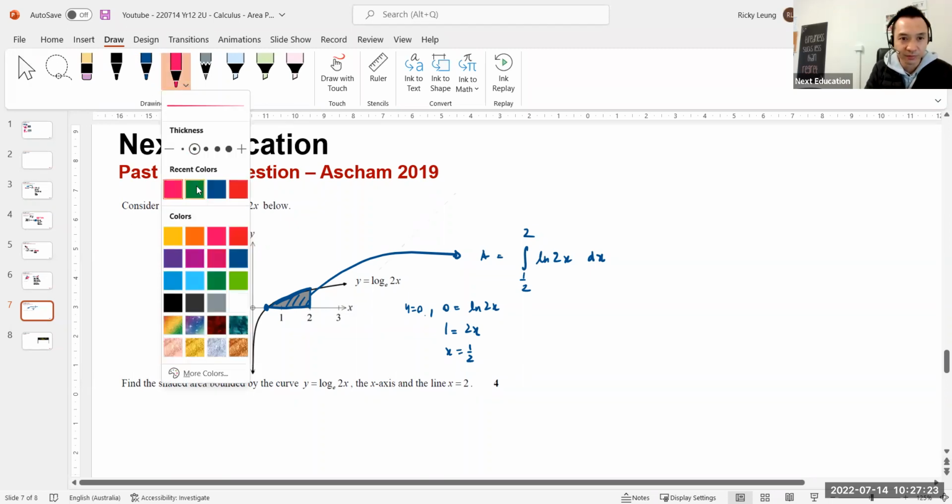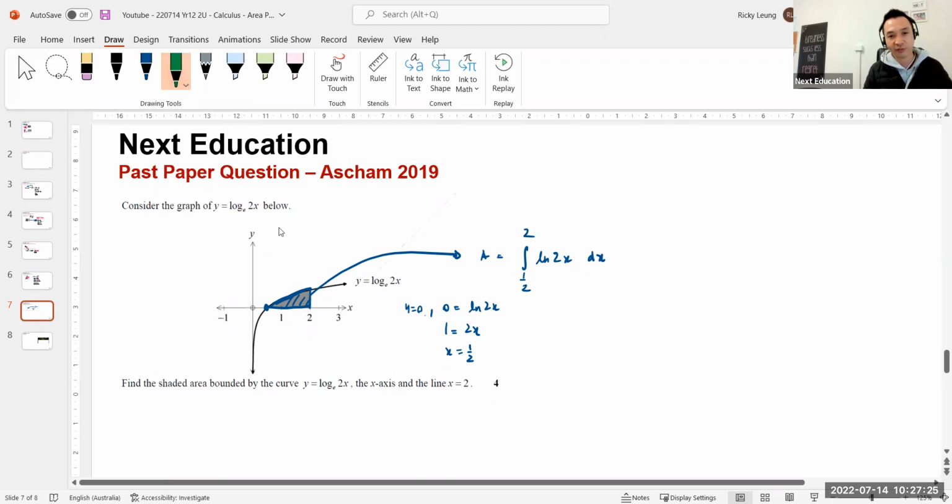Can you see that to find the blue area, I'm going to find the area of this rectangle, which is really easy, because the base is 2 units and the height is whatever the y value is.